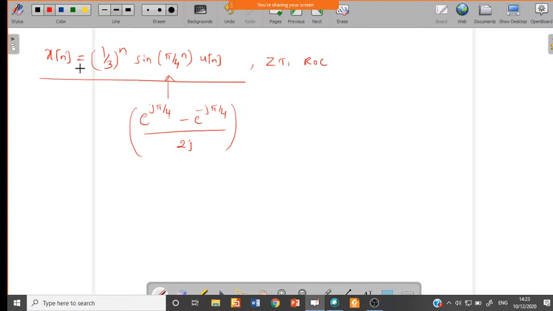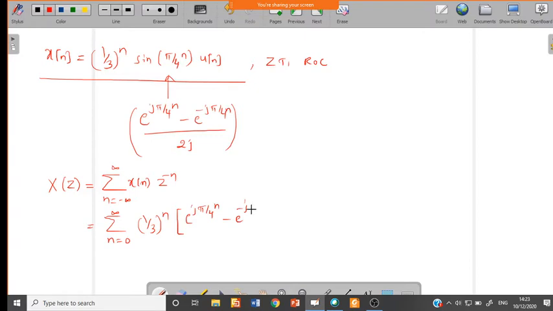X of z will be the summation for n equal to minus infinity to plus infinity of x of n into z power minus n. Now replace x of n. Since it is a one sided signal u of n, we will get 1 over 3 power n into e power j pi by 4 n minus e power minus j pi by 4 n, and n is there here.